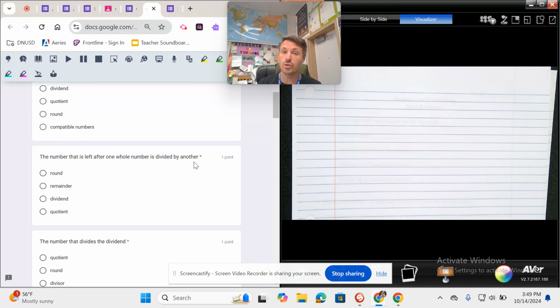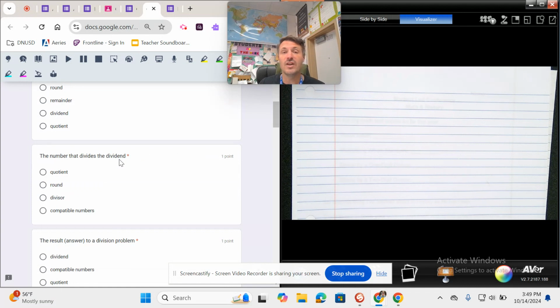If there were 22 donuts and you wanted to put them in equal groups of 7, there would be 3 in each group, but you'd have 1 donut left over. That's the remainder. So the number that is left after one whole number is divided by another is the remainder.